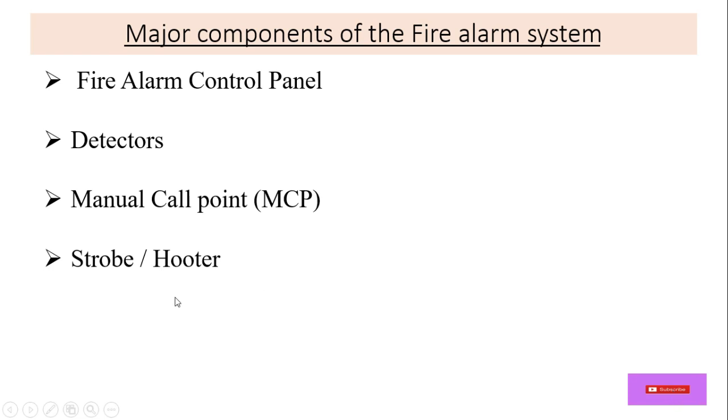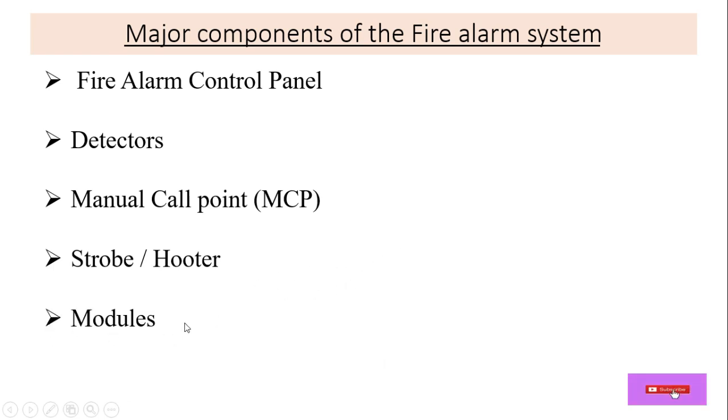Another one is the strobe and hooter. If the control panel detects fire or smoke, automatically through the smoke detector or manually through the MCP, after detection the fire alarm control panel will activate the strobe and hooter, so it notifies the alarm.